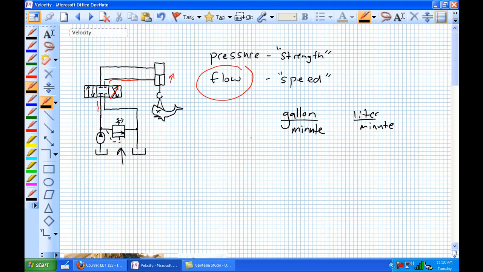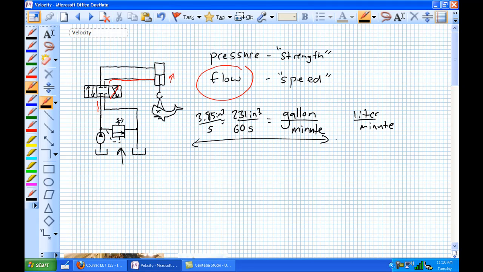And if you think about that, a gallon is 231 cubic inches. A minute is 60 seconds. So 1 gallon per minute is equivalent to 3.85 cubic inches per second. These are all the same, again, using our unit conversions.